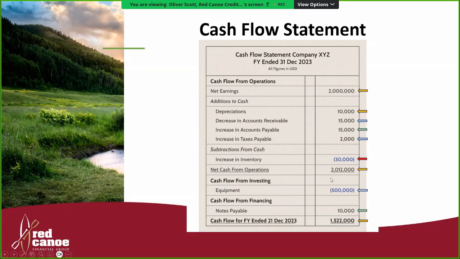So in this case, they made $2 million in net cash, and they were able to invest $500,000 into equipment, right? So that shows the strength of the company.